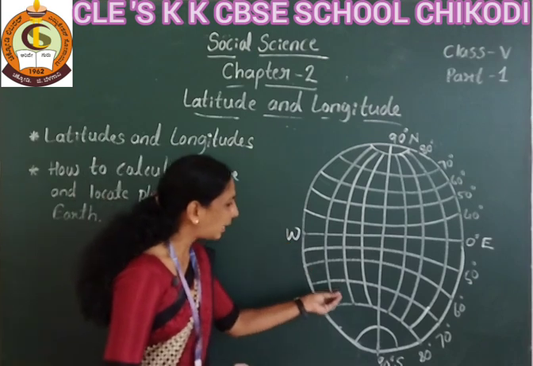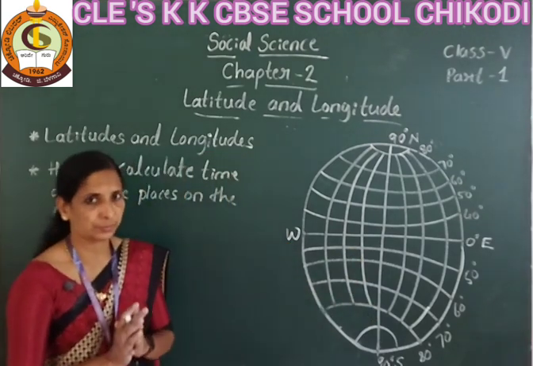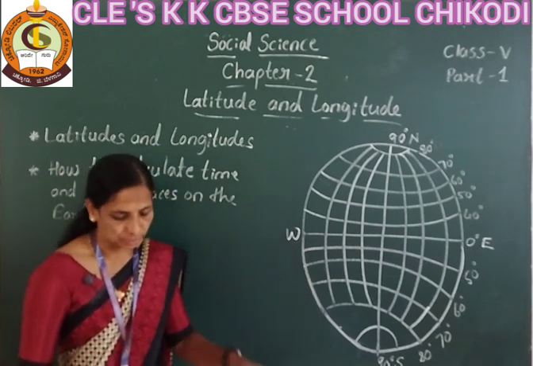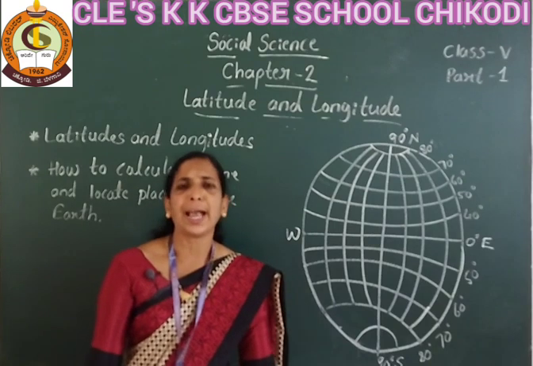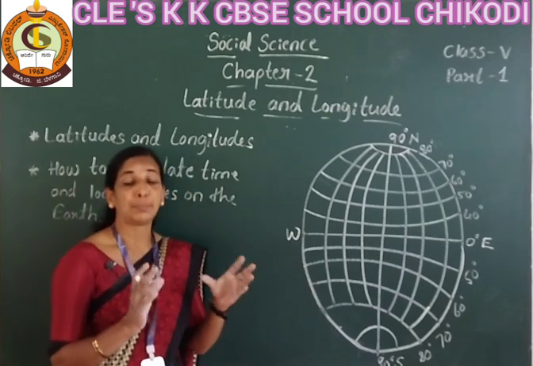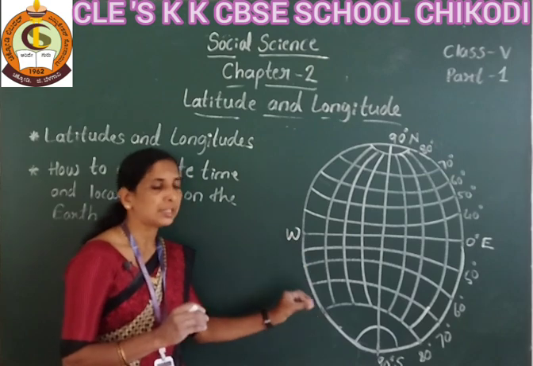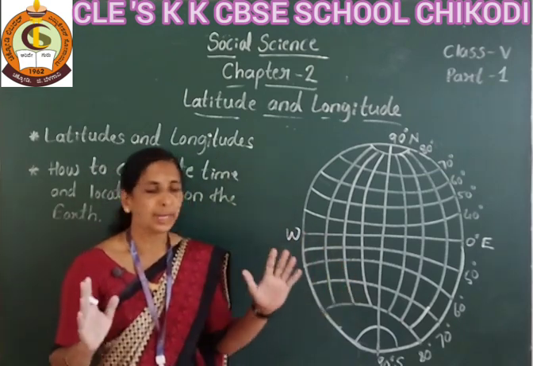We call these imaginary lines. These imaginary lines help us locate places correctly on a map or a globe.